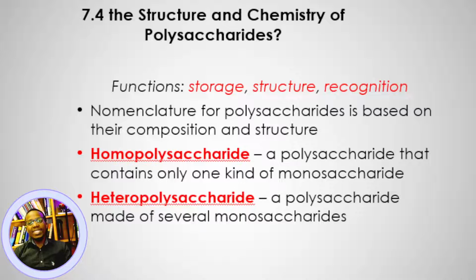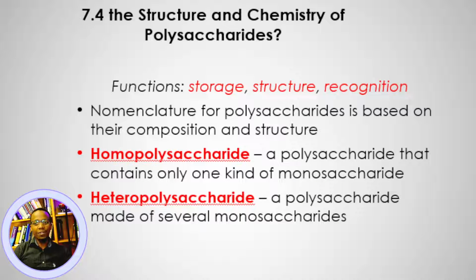When you're looking at these saccharides, they can be a homopolysaccharide or a heteropolysaccharide, and this is determined by the individual segments in this polymer. If these segments are similar, let's say a chain of just a bunch of glucose molecules, these are homopolysaccharides, right?